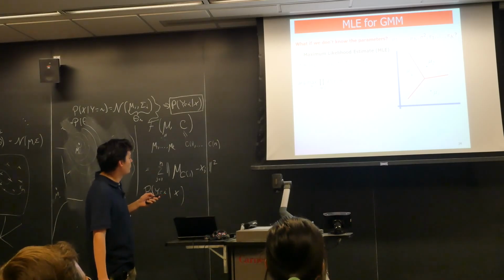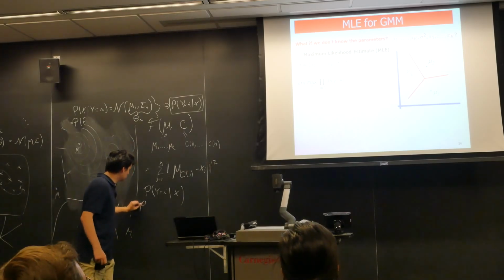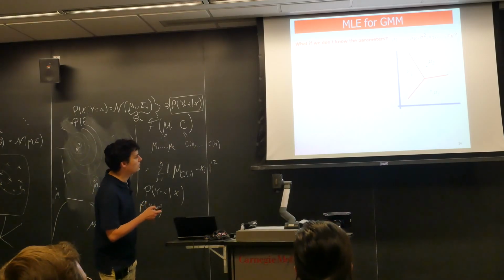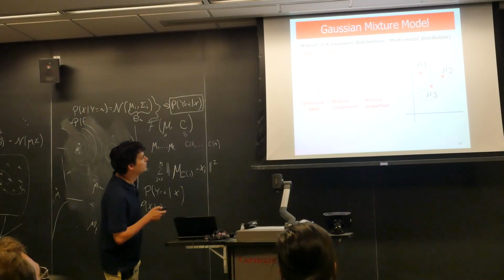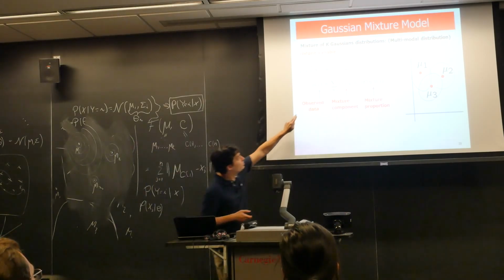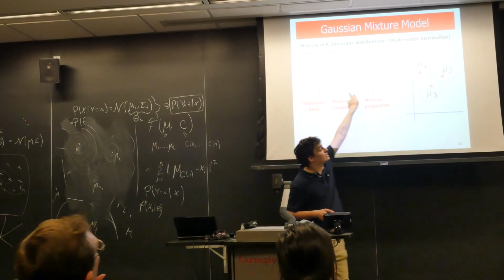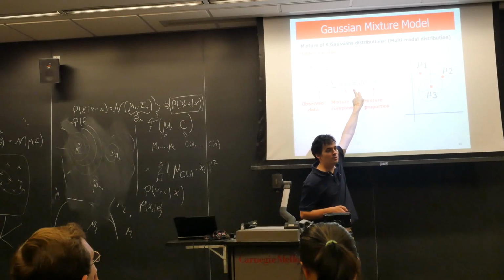The probability of xj given the parameter vector theta, we already calculated once here. If I know all the parameters, then this is the probability of x given the parameters. It's just this expression. This is pi i, and this is a Gaussian distribution with parameters mu and sigma.